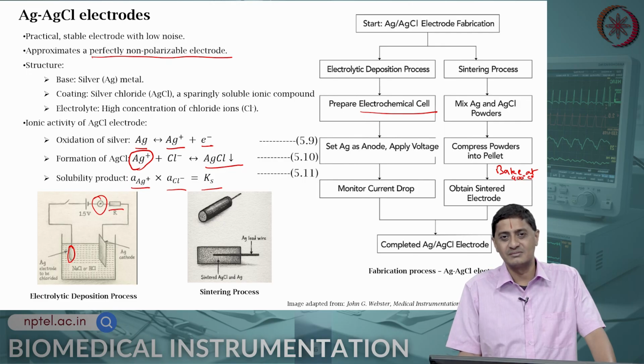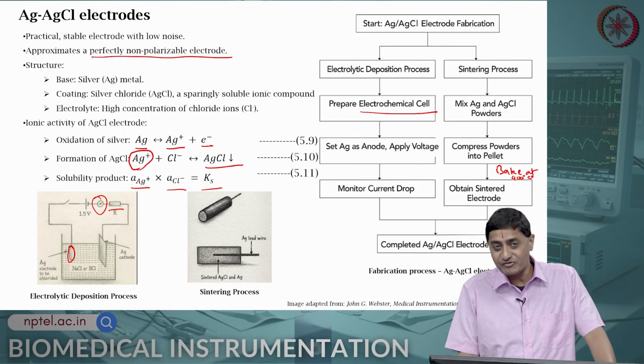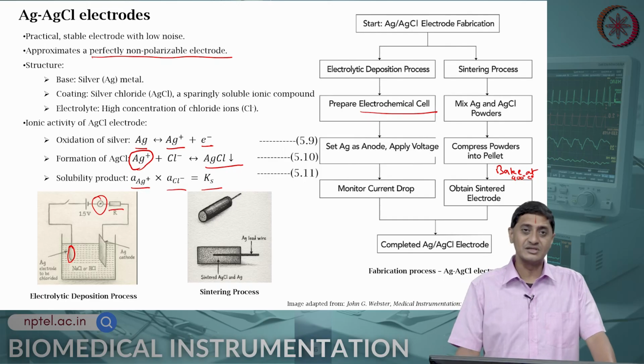So, you essentially prefer a relatively low impedance, but not a direct short circuit. This is the desirable feature of the silver chloride electrode, and you need to optimize the proportion of silver and silver chloride salt in the sintered electrodes. So, something to keep in mind.